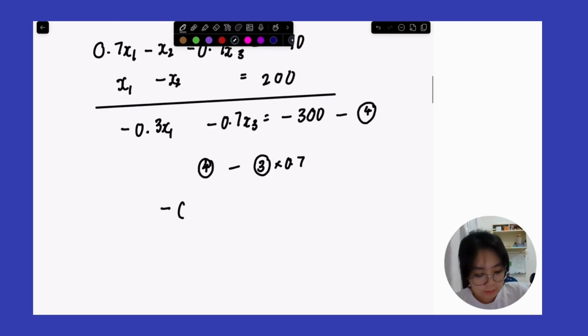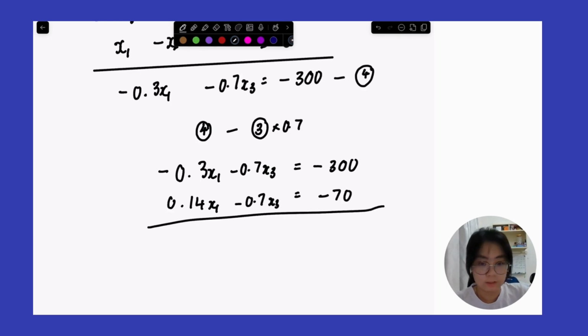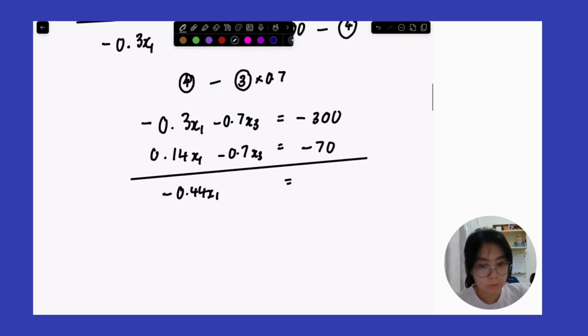That is negative 0.3x1 minus 0.7x3 equal to negative 300. And equation 3 times 0.7 will become 0.14x1 minus 0.7x3 equal to negative 70. And now it will become negative 0.44x1 equal to negative 230.